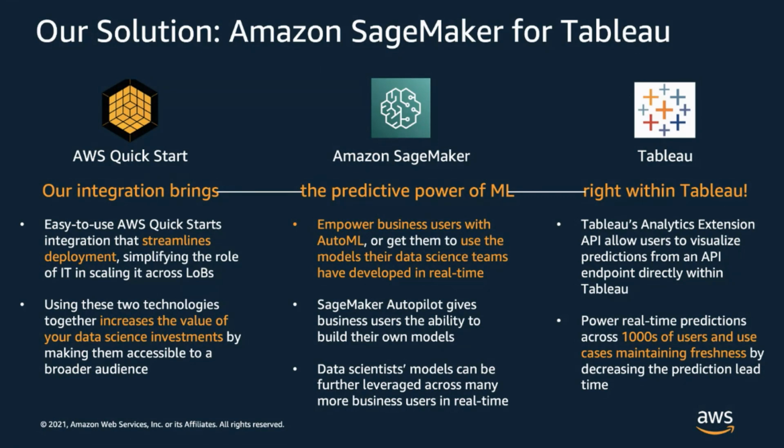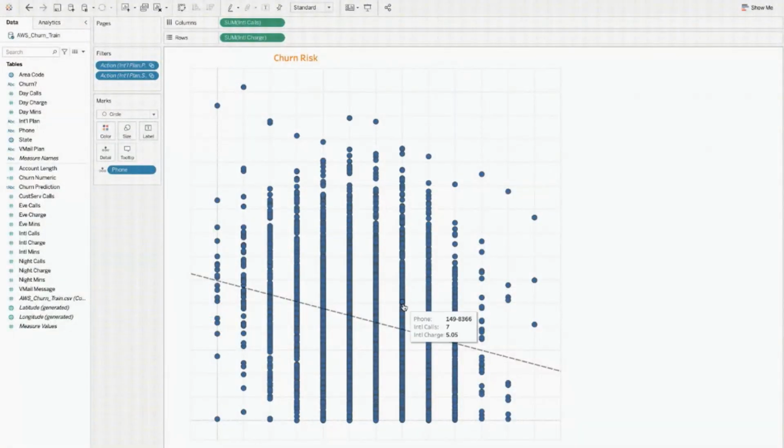This means more people can get involved, start working, but still have a completely auditable and accessible trail of their work to share if it needs to be reviewed by a data scientist or data science team or leadership. So let's take a look now at just a quick sneak peek of how this all works.